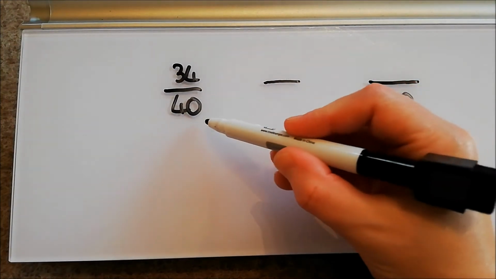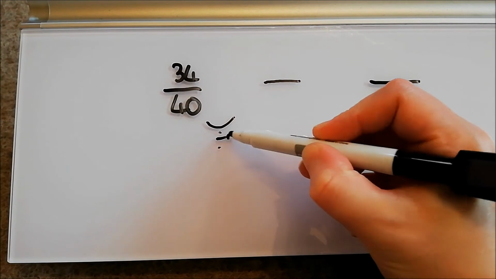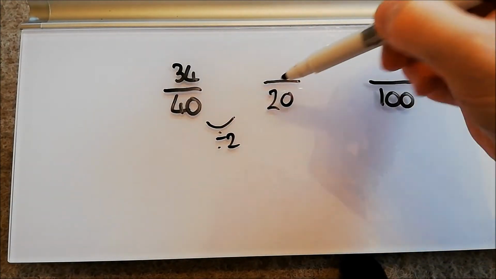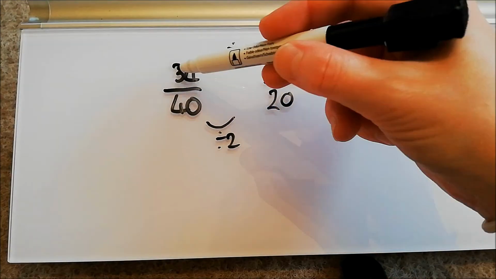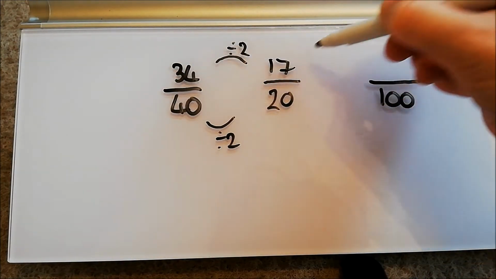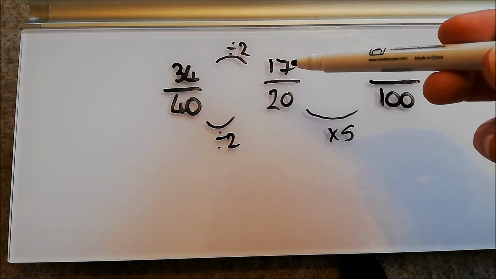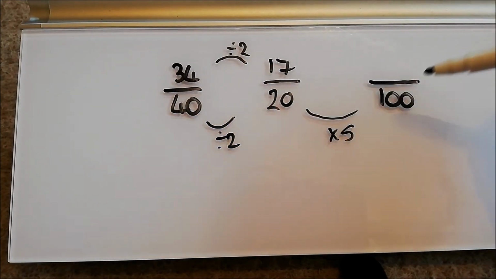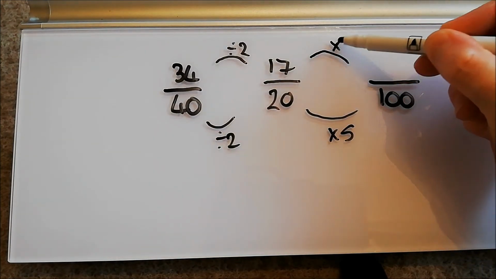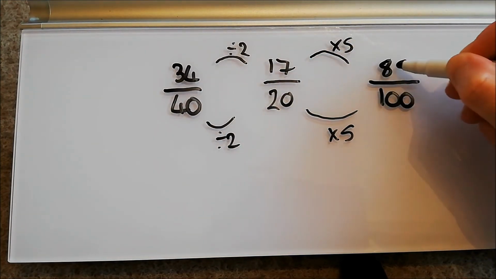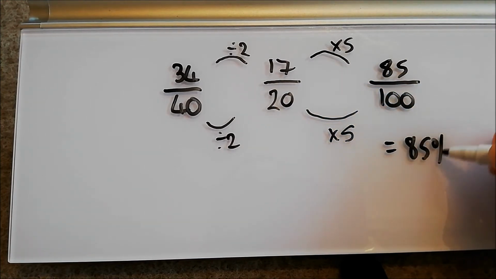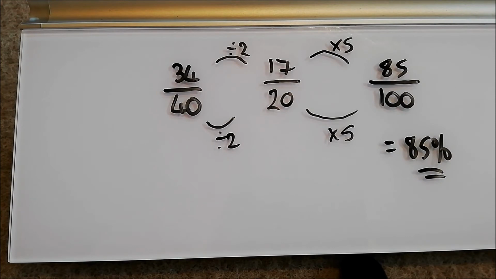So if I was to divide 40 by 2, that'd give me 20 on the bottom, which does fit into 100. So 34 divided by 2 will give me 17. And then from there, because 20 times by 5 gives 100, I can times 17 by 5 as well to give me 85, which means that the overall answer is 85%.